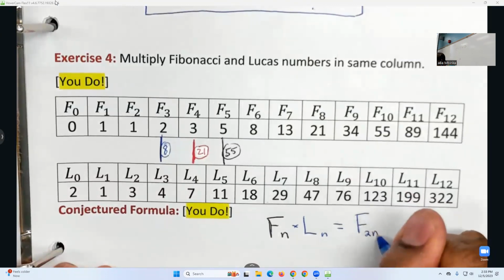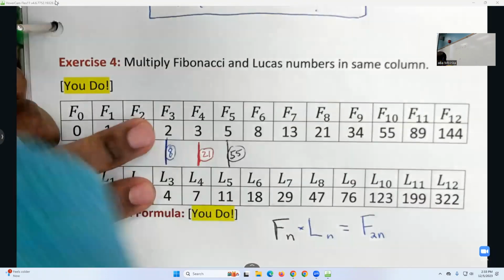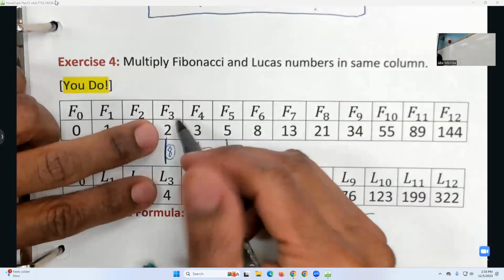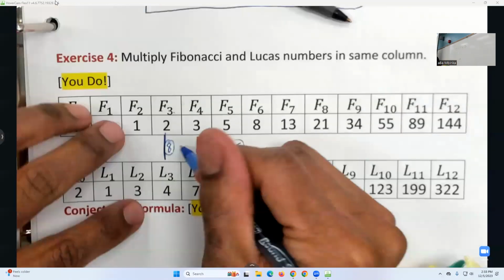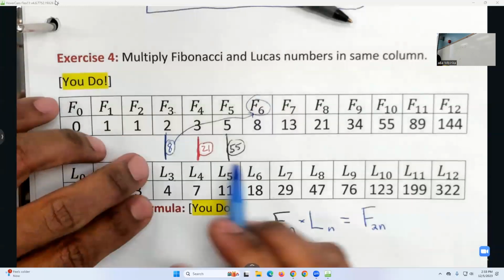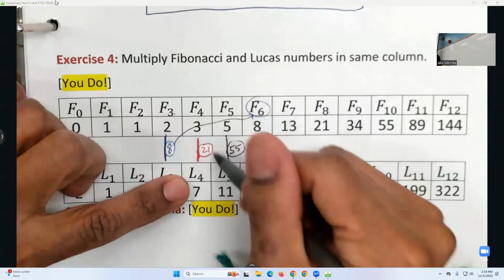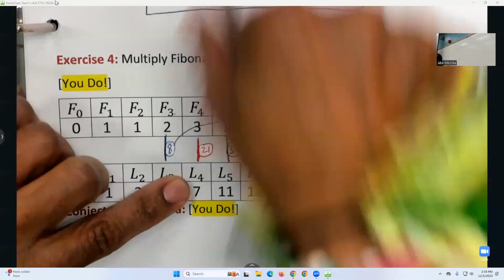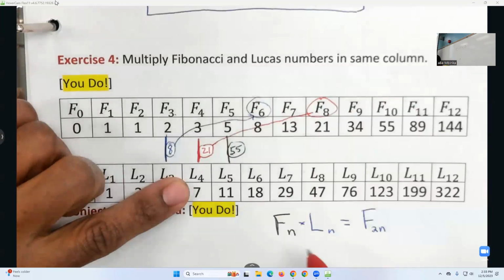Okay, so Lyric conjectures that F3 times L3 is going to be F6. And F4 times L4 is going to be equal to F8.